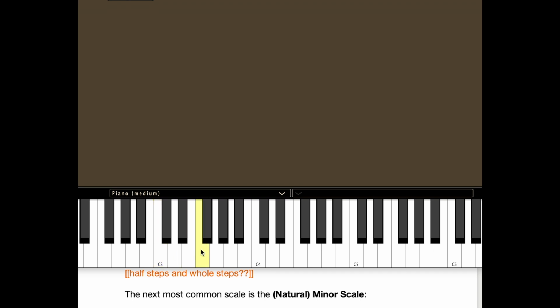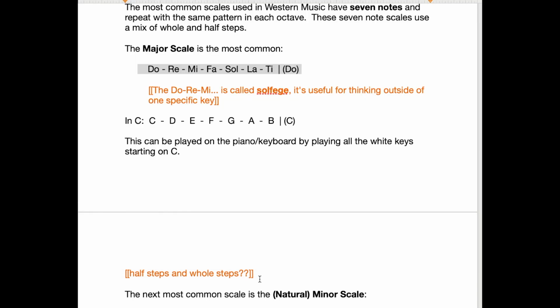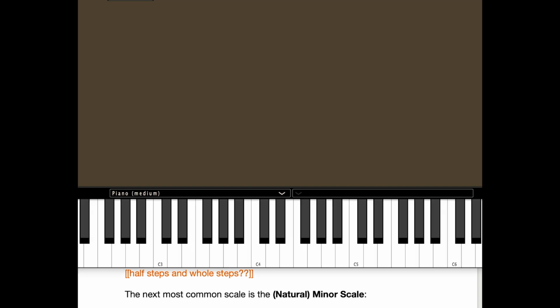So scales involve white and black keys, a mix of them depending on the scale, but C major is a classic example, sometimes called the people's key, because it is so easily played on the piano. You can just run your fingers up the white keys and you've played C major. Do, re, mi, fa, sol, la, ti, do.